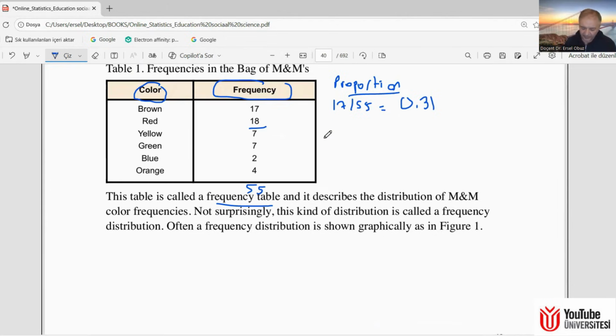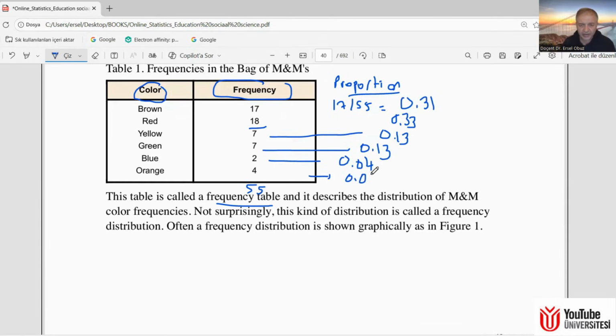18 divided by 55, 0.33. 7 divided by 55, 0.13, another 7, 0.13, and we have 2, 0.04, and 0.08.